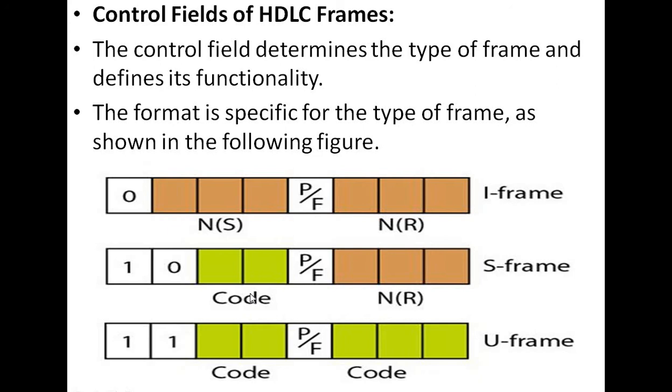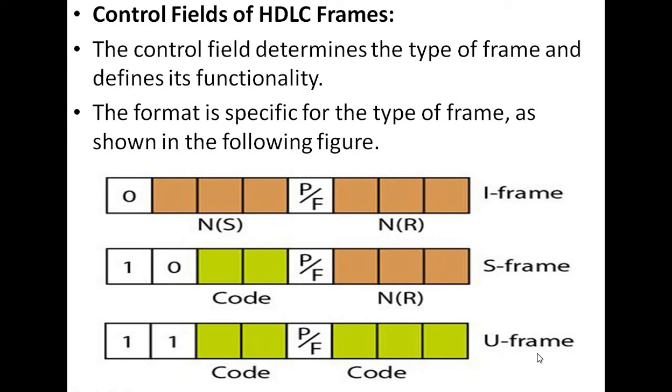If the code subfield is 0 and 0, it is an RR S frame. If it is 1 and 0, it is an RNR S frame. If it is 0 and 1, it is a REJ S frame. And if it is 1 and 1, it is an SREJ S frame. Here also N(R) is defined as the positive or negative acknowledgement number.